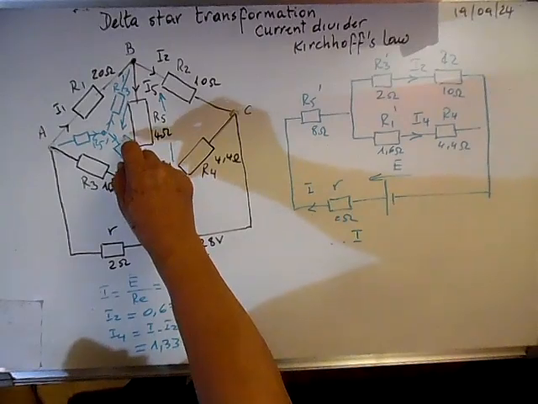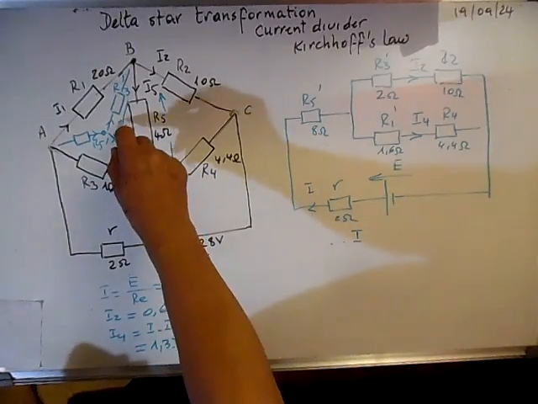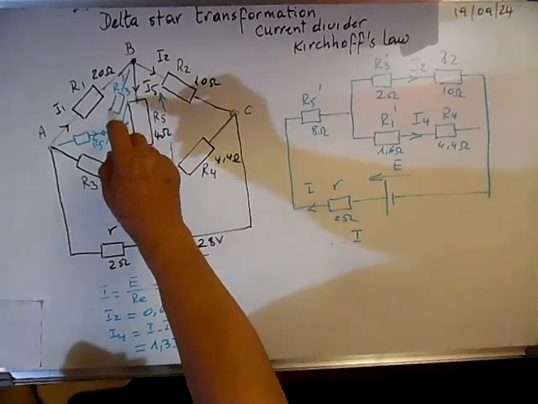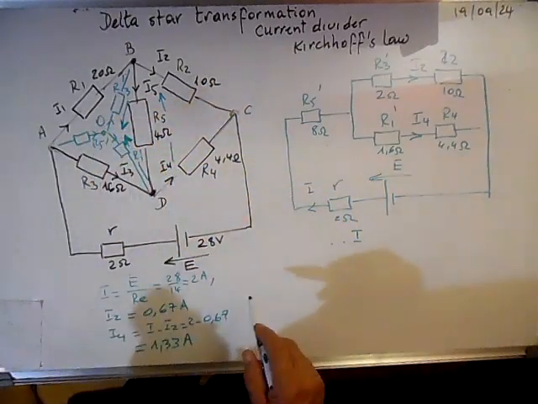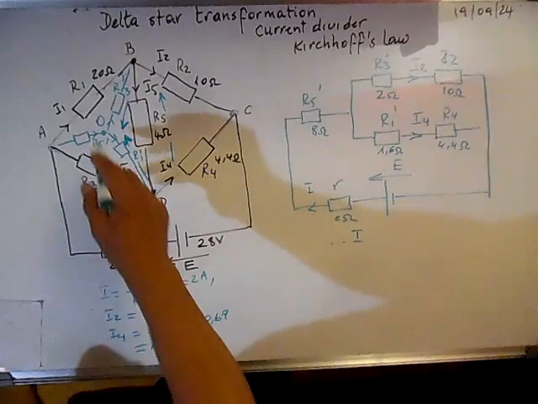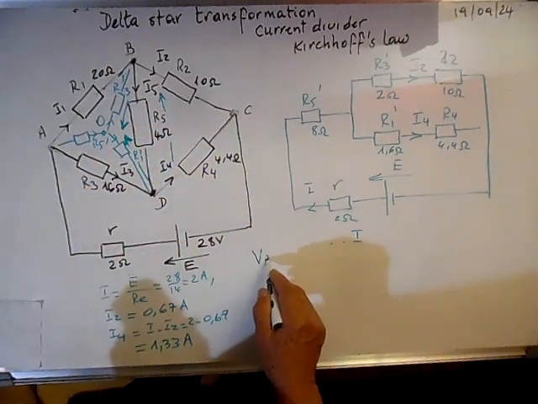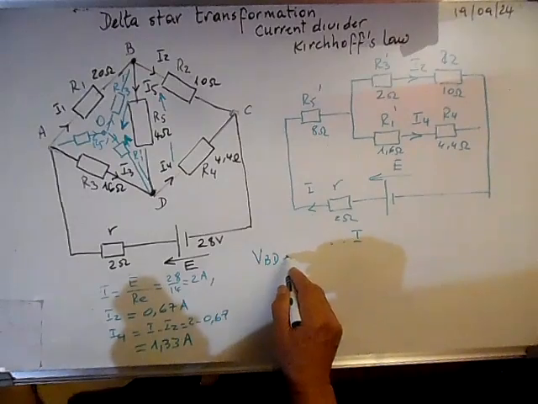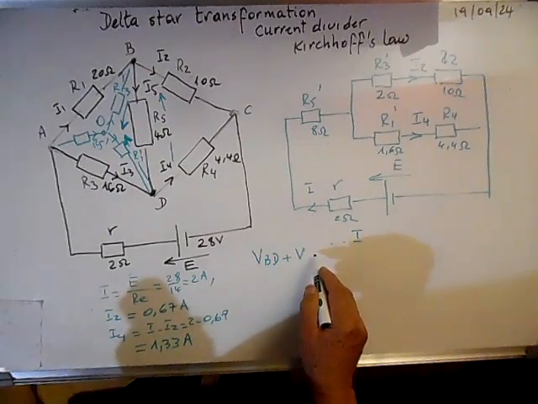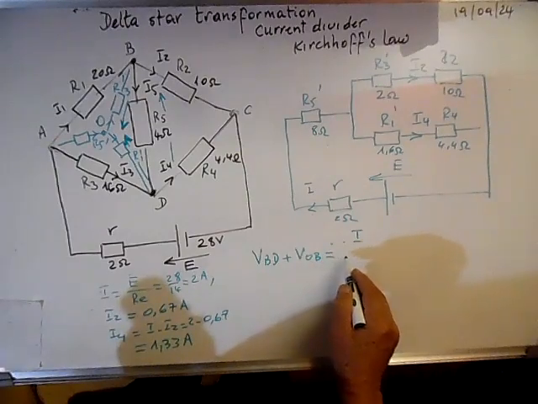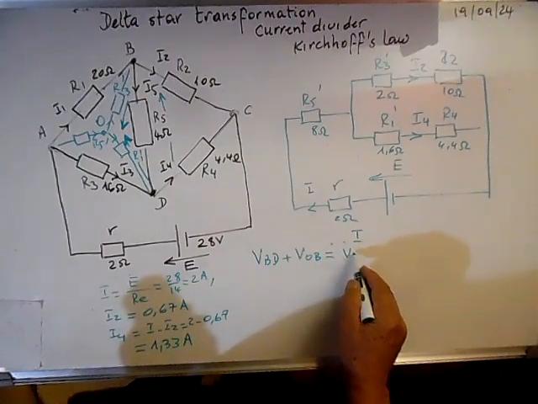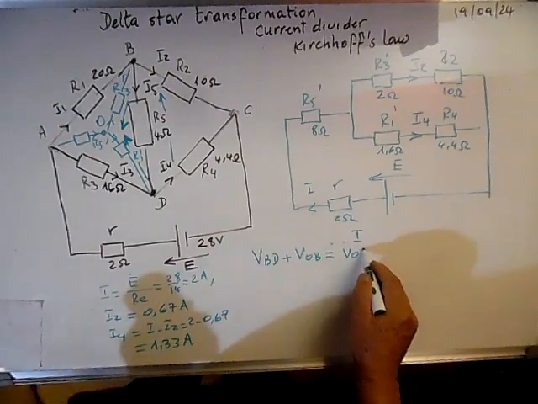The highest potential, if the current flows like this, the arrow shows the highest potential. If we call it O, so it means that VBD plus VOB is equal to VOD.